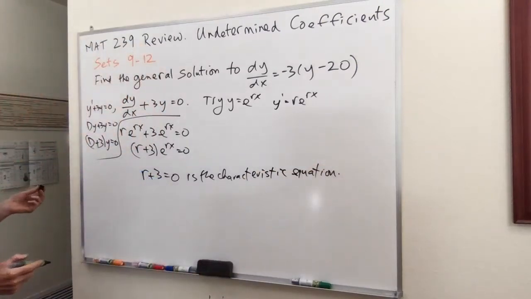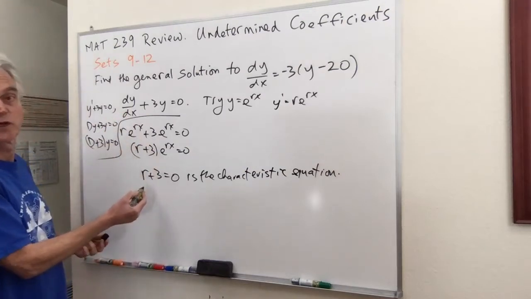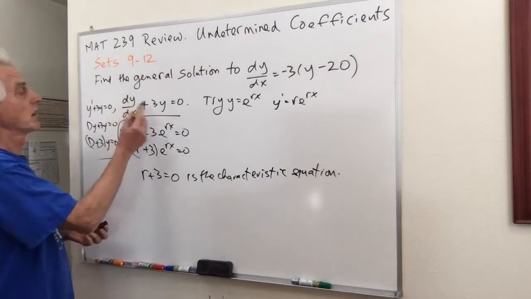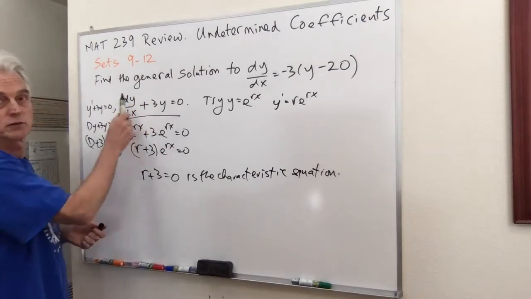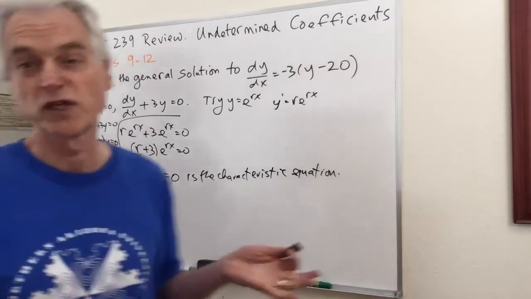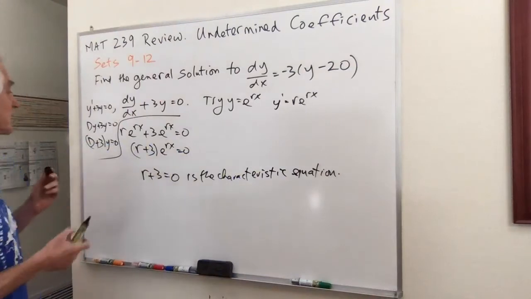Sometimes it'll be quadratic. If it was a second order ODE, it will be a quadratic equation for r. If it's a 7th order ODE, I get a degree 7 polynomial for r.